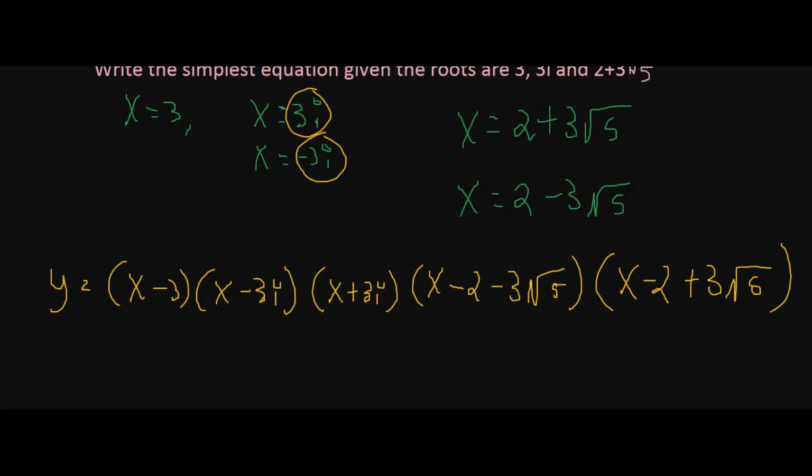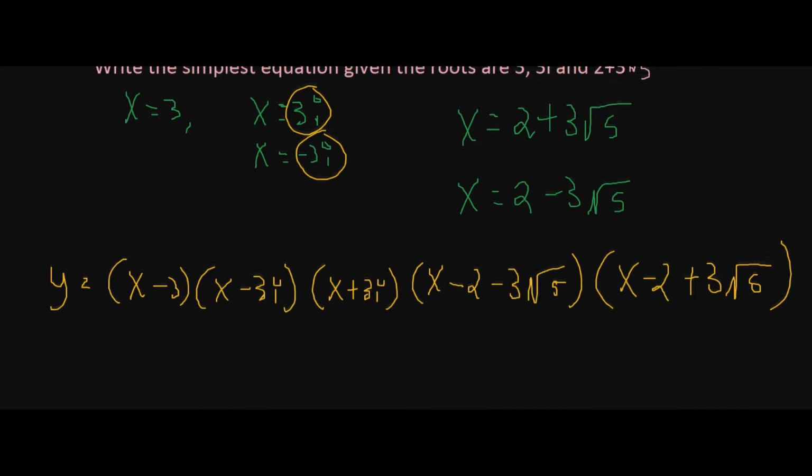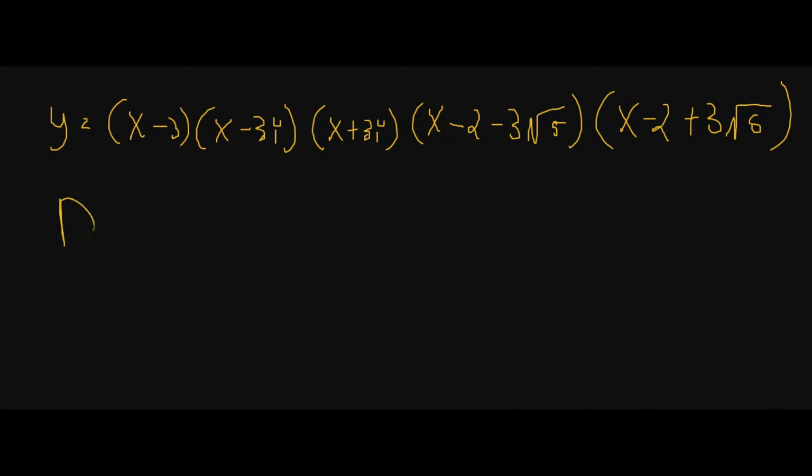Therefore, if a question asked you, what is the degree? Well, we have 1, 2, 3, 4, 5 factors, which means the degree would be 5.